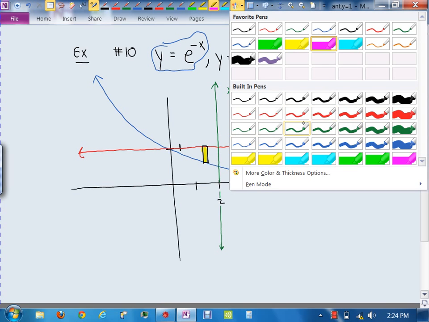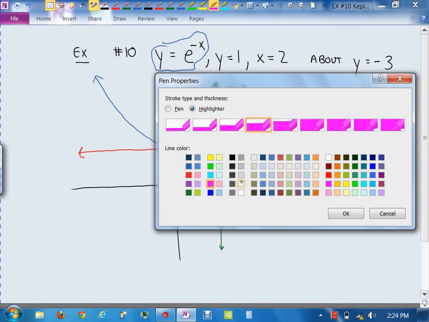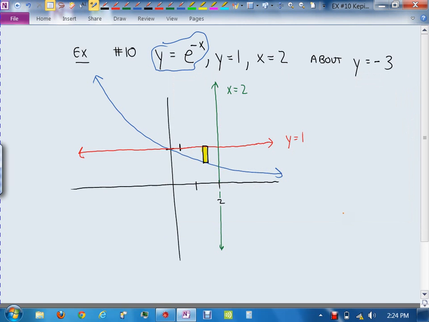There's more colors here, let me see what else I can do. Okay, y equals what? Negative 3? 1, 2, 3. That color looks like red anyway, doesn't it? Negative 3. But that's okay.